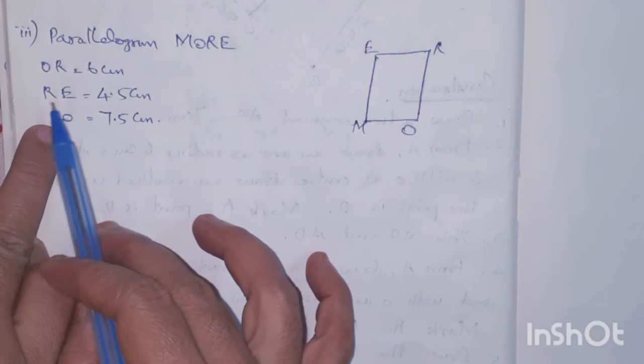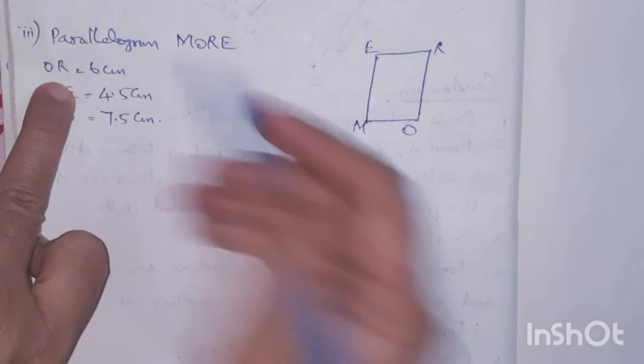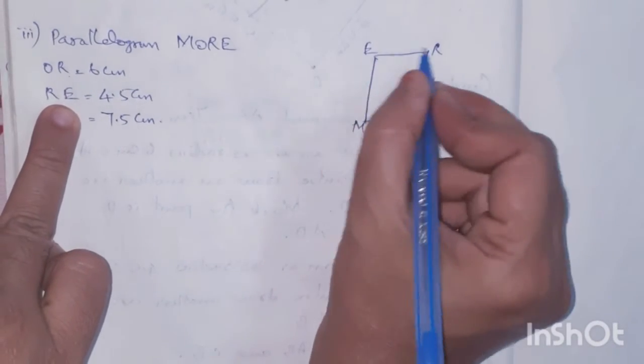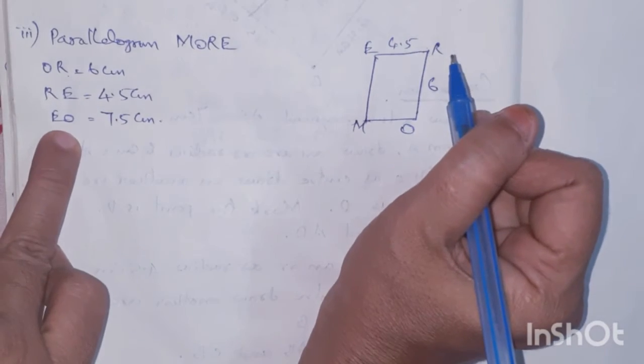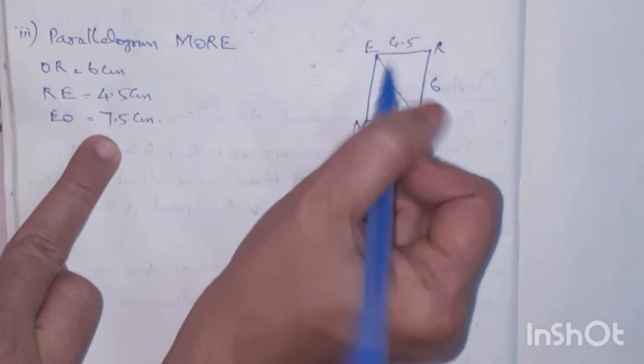Here MO given? No. OR is 6 centimeter. RE 4.5 centimeter. Then EO is, this is diagonal 7.5.